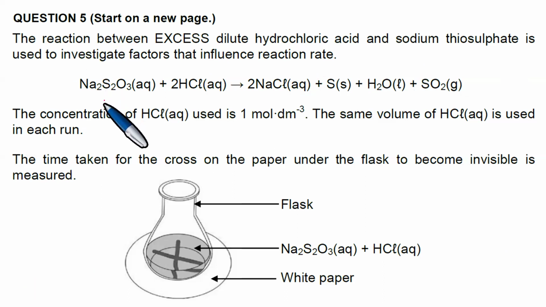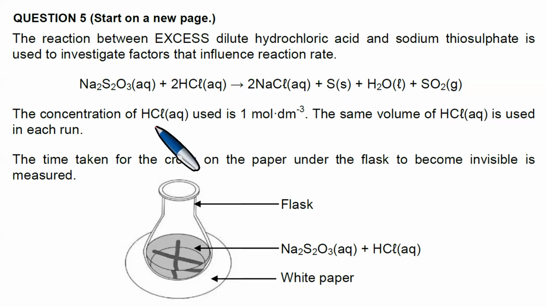Sodium thiosulphate and hydrochloric acid react and yield sodium chloride, sulfur, water, and sulfur dioxide. So you have your sulfur, your sulfur dioxide, and sodium chloride, your salt, in aqueous state. The sulfur is a solid, the water is a liquid, and the SO2 is a gas.